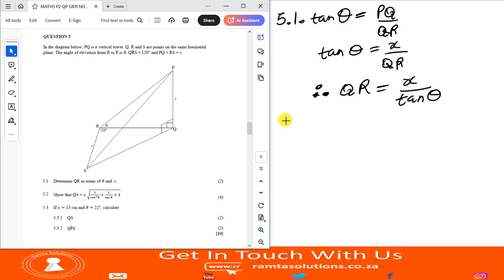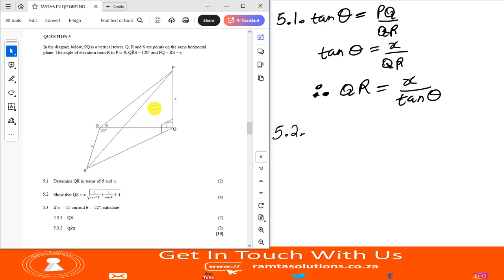Now 5.2 says, show that QS is equal to X multiplied by the square root of 1 over tan square theta plus 1 over tan theta plus 1. So how do we do that? To get QS, we have this side, we have this side, so we have 2 sides and an included angle.